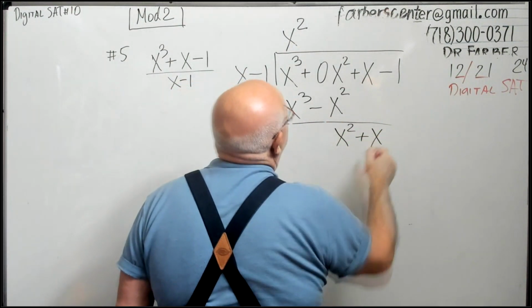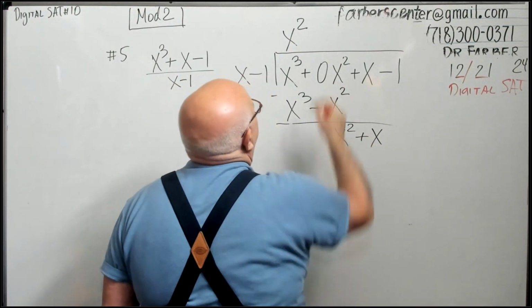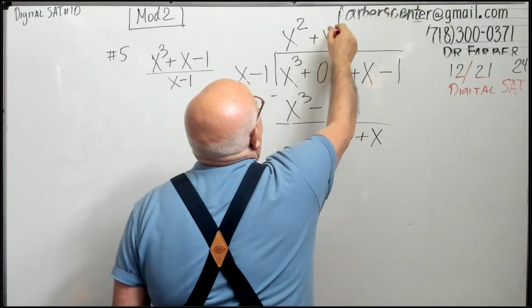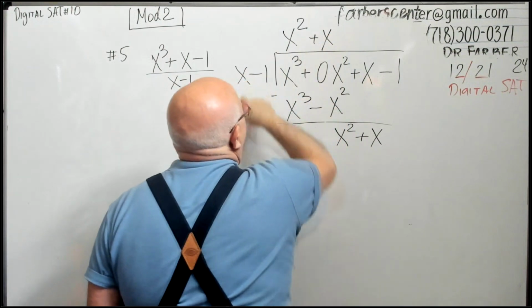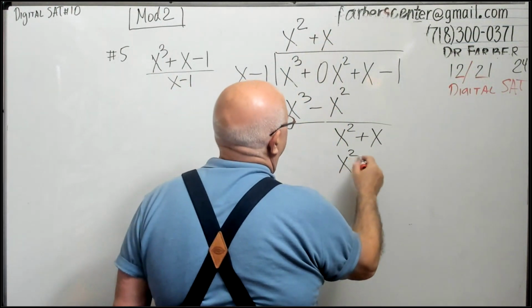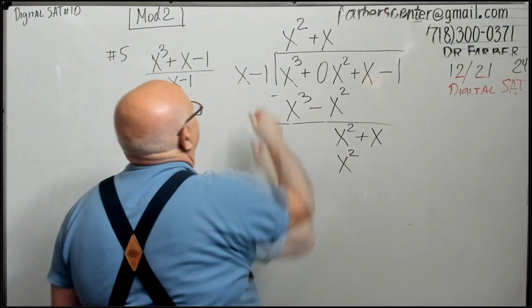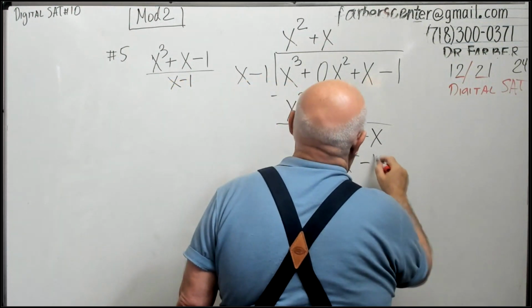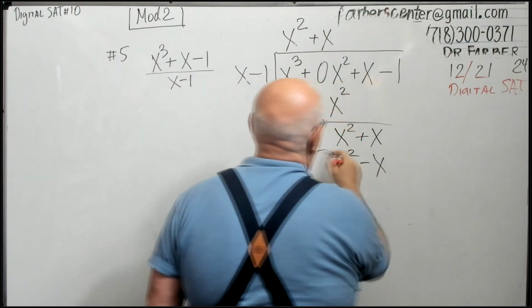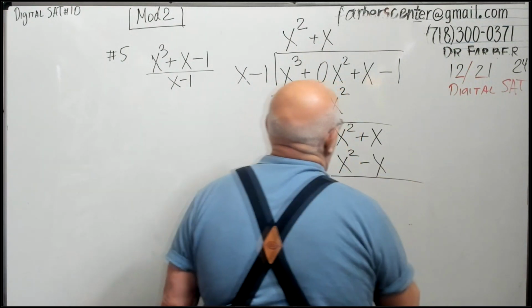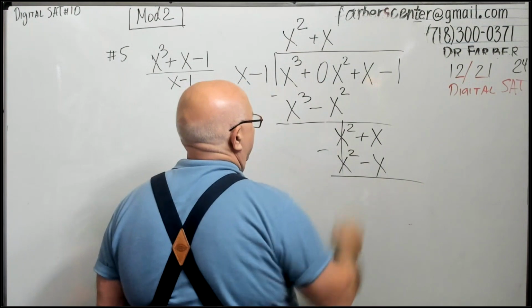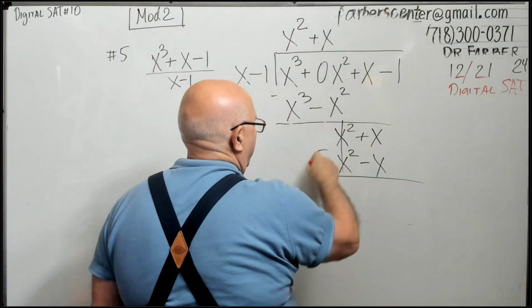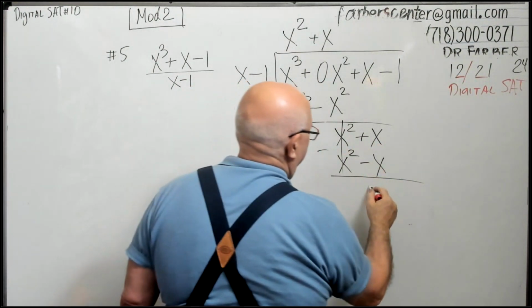Bring down x. Plus x. X times x is x to the second. X times -1 is minus x. X squared minus x squared cancel out. X minus negative x is 2x.